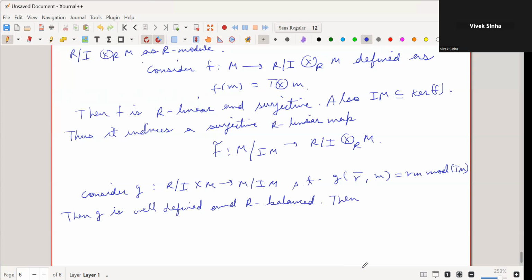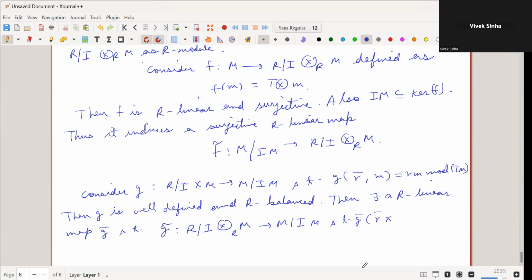Then there exists an R-linear map G-bar from the tensor product R/I tensor M to M modulo IM, such that G-bar of r-bar tensor m will be just rm mod IM.